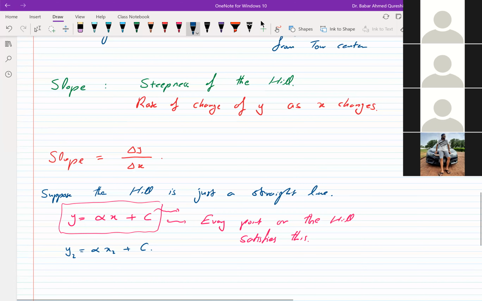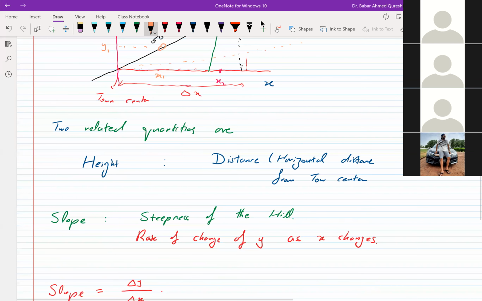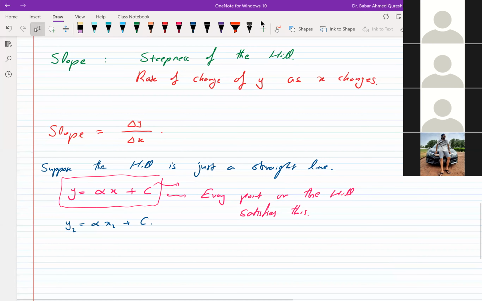And if I look at another point over here, let's say this is x1 and correspondingly a value y1. So the same equation will hold for y1, x2.